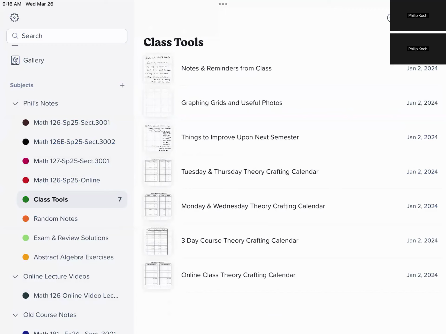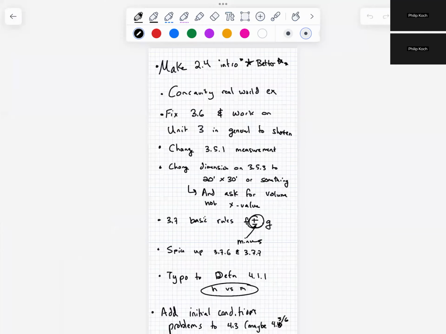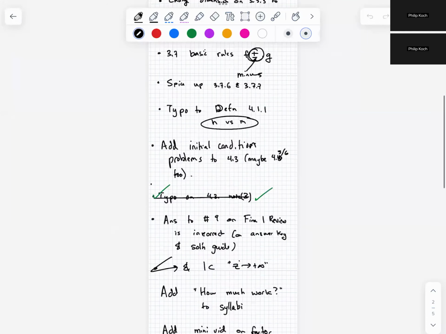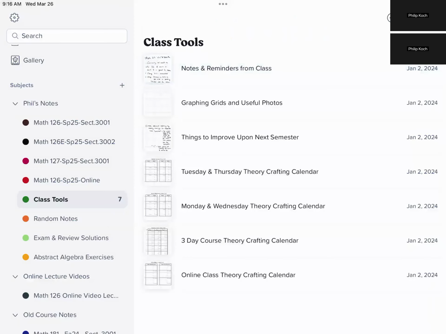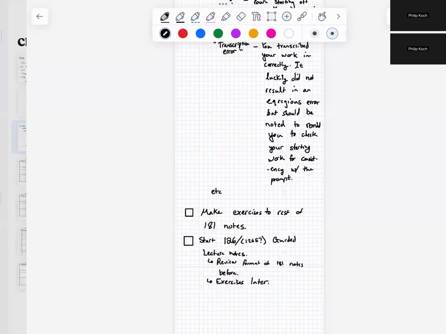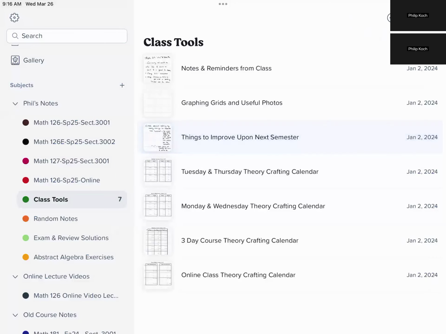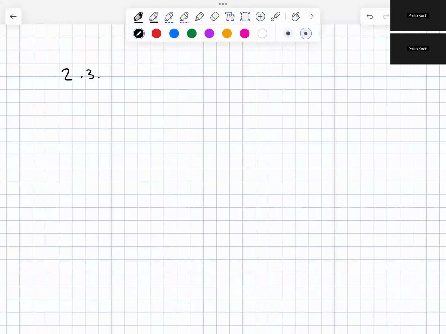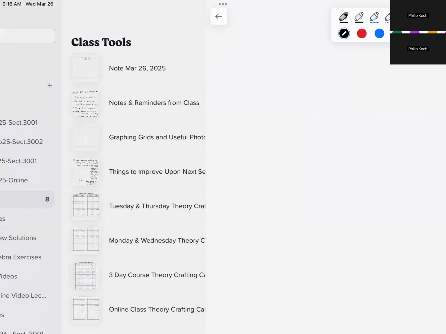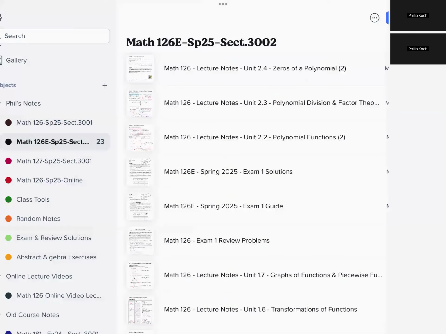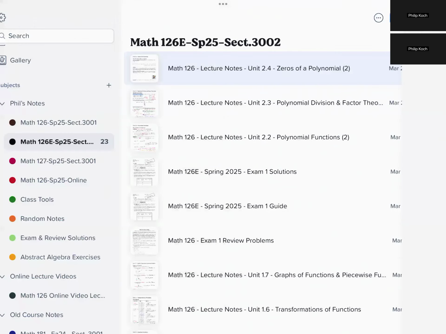Okay, I'll add a new one here. 2.3.8, add solid dot. So it should have a solid dot there.